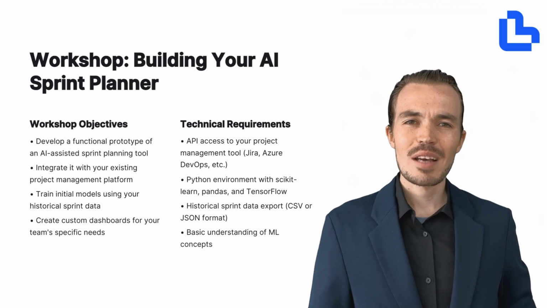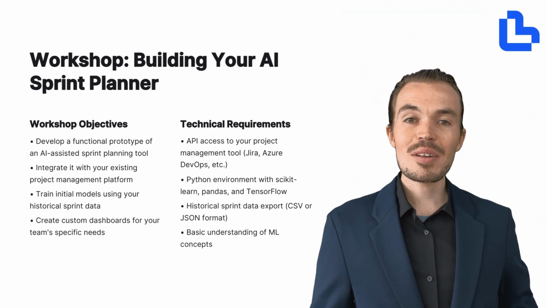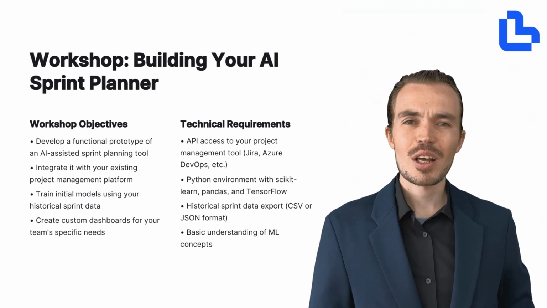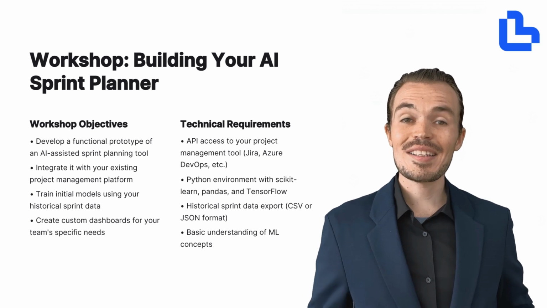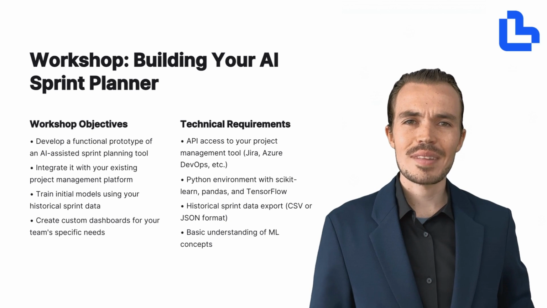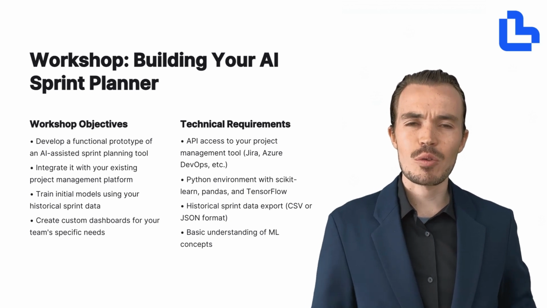Now it's time to put everything we've learned into action. In this hands-on workshop, you'll build your own AI-assisted sprint planner, a tool that brings intelligence directly into your Agile workflow. The goal is to develop a functional prototype that can help your team plan sprints more effectively. You'll start by integrating AI capabilities into your existing project management platform, whether that's Jira, Azure DevOps, or another tool.